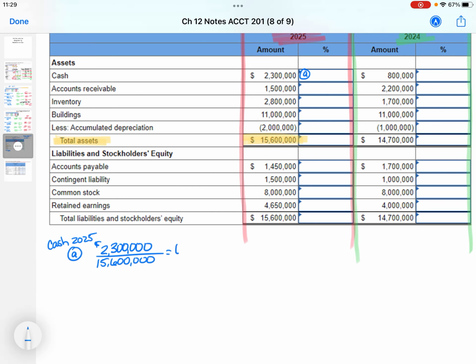The answer here is 0.147. These are all going to be given in percentages. So I'm first going to convert it to a percentage, 14.74%. Then I'll round it to 1 decimal place. So we're going to call this one 14.7%.